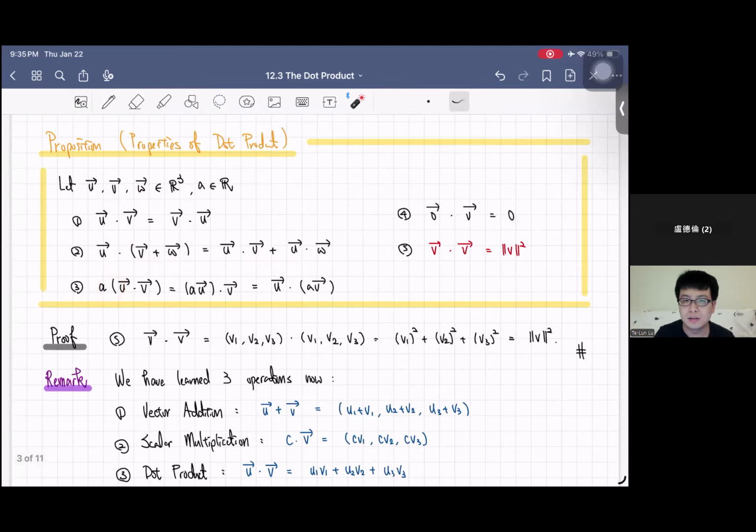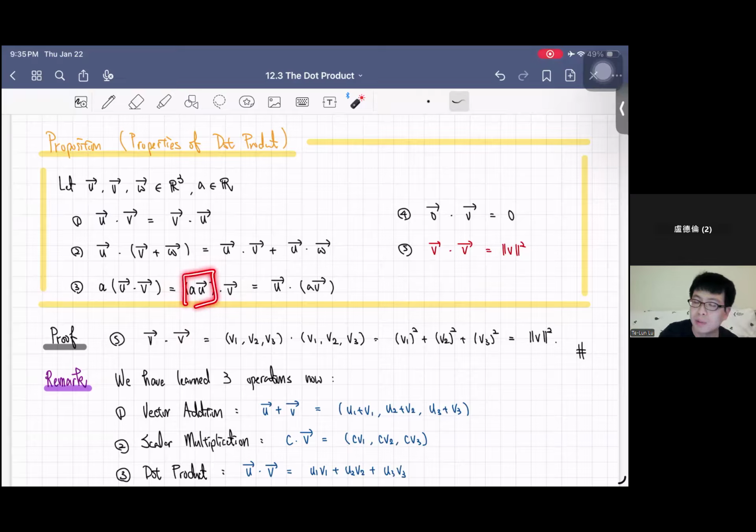For the third property, the dot product respects scalar multiplication. If you take the dot product between u and v, this becomes a scalar, right? So a times that is basically just a number times a number. There is no scalar multiplication of vectors involved. It will be the same as (au) dot v. So au here is the scalar multiplication of u.